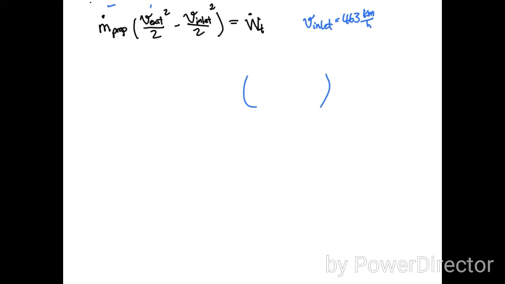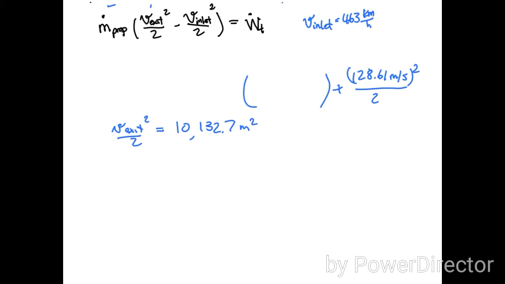And then from there, we'll add in the 128.61 meters per second squared, divided by 2. So V exit squared divided by 2 is equal to 10,132.7 meters squared per second squared. And then V exit is equal to 142.36 meters per second.